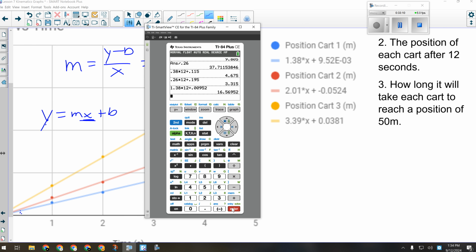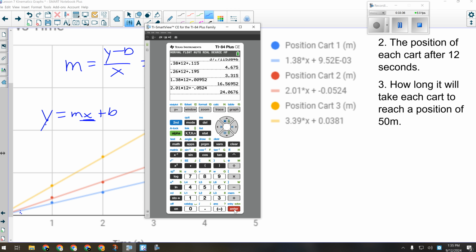Actually, there's only two significant digits there, so 17 meters would be the final position, positive, of the blue cart. For the red cart, 2.01 times 12 plus negative 0.0524. Final position of the red cart is going to be positive 24 meters.